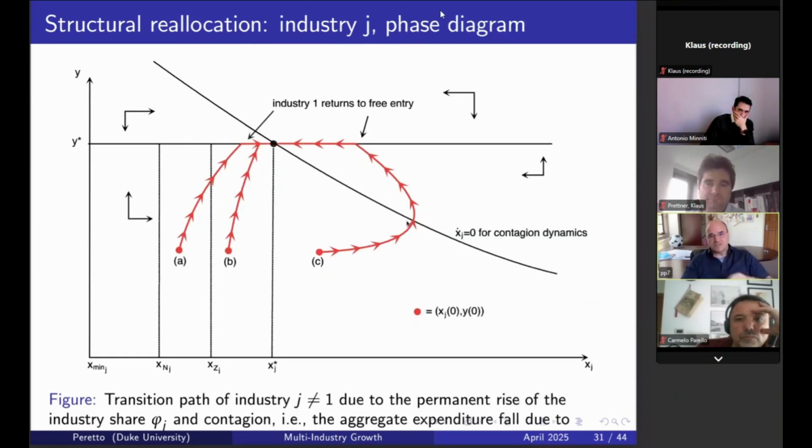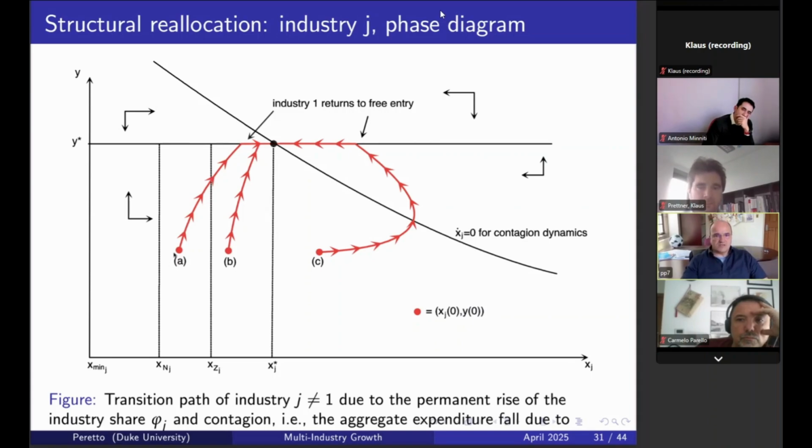So in the other industries, you can construct trajectories like this. Read this picture as an example of three different industries responding differently to the common shock. Industry one got in trouble for some reason. The response is heterogeneous because these industries are heterogeneous in terms of their fundamental parameters.